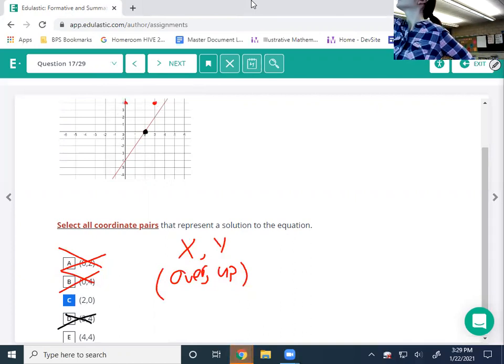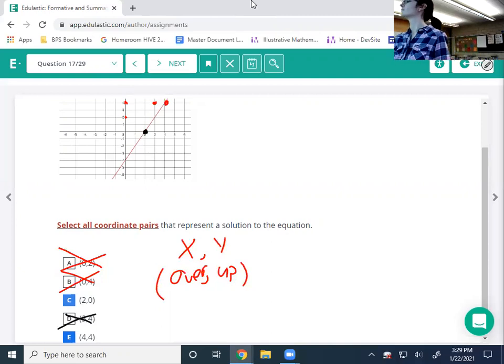Over 4, up 4 hits our line, so this one is a solution. The solutions to this equation are C and E because they fall on the line. Solutions to an equation or a system of equations fall on the line.